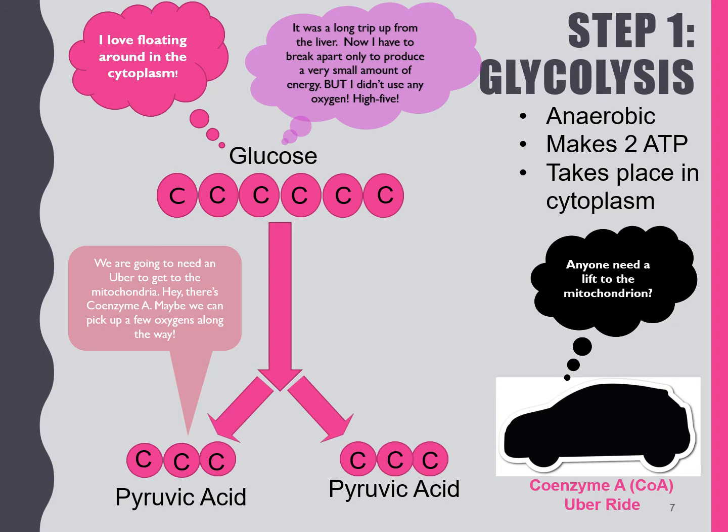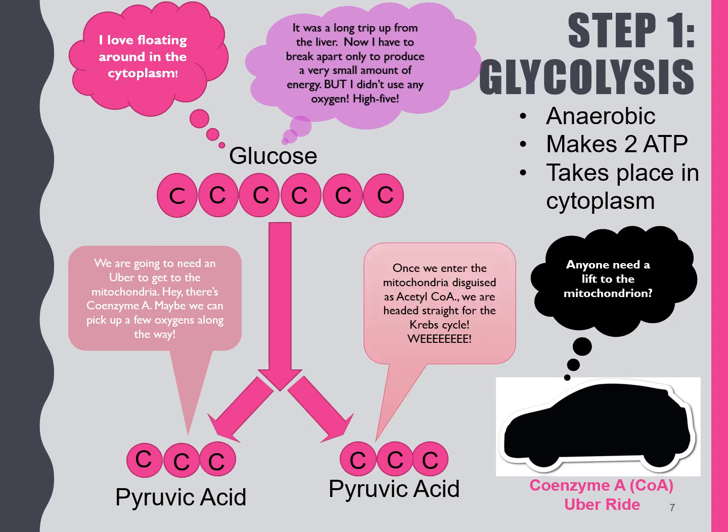And when it does, the pyruvic acid is going to lose one of its carbons, and it's going to join with the coenzyme A to make something called acetyl coenzyme A. Each of these 3 carbon molecules is going to lose 1 carbon. And we're going to pick up that story on the next slide.